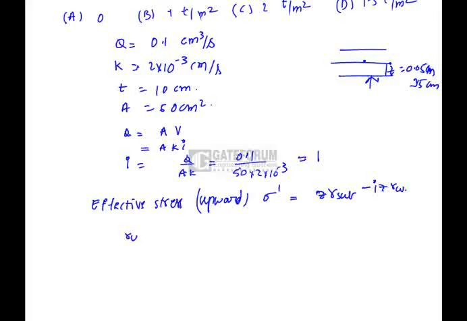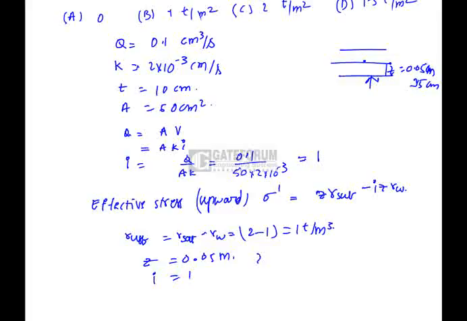So gamma submerged, we know that gamma saturated minus gamma W, that is equal to 2 minus 1 ton per cubic meter. Z is equal to 0.05 meter. i is equal to 1.